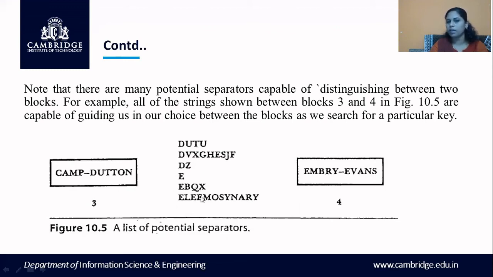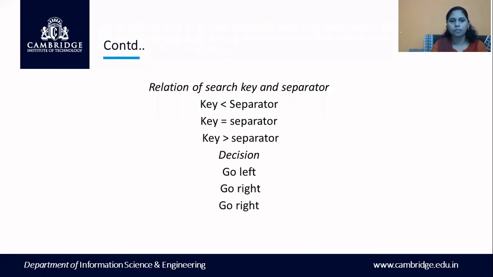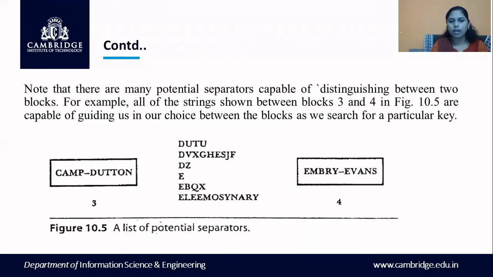These are all the separators between block number 3 and block number 4. But among all these separators, which is the smallest? E. Our final aim is to reduce the amount of memory occupied by our index set. So for that you are going to choose the smallest separator, which is going to be E. So this is the separator that we have chosen. Now this is our index set.